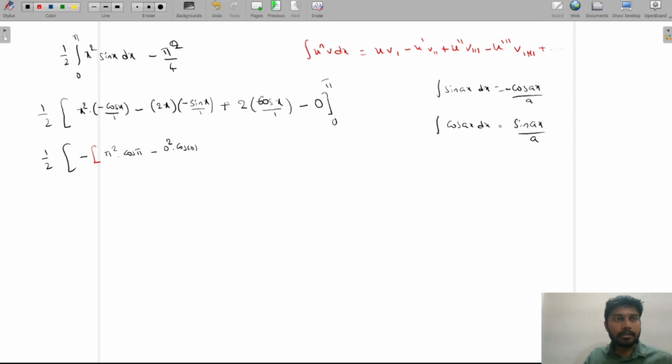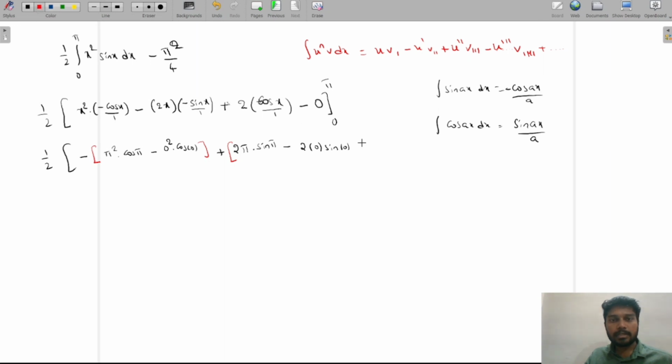Okay, so bracket close. Next, minus into minus plus 2 into substituting upper limit x value, 2 pi into sin pi, upper limit is over, minus 2 into lower limit 0 into sin of 0.